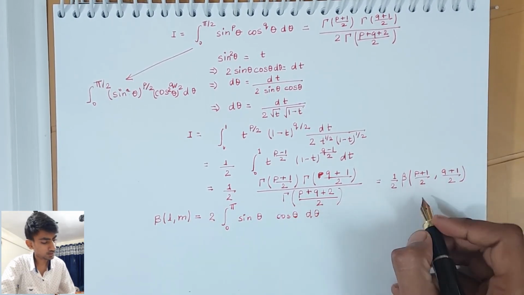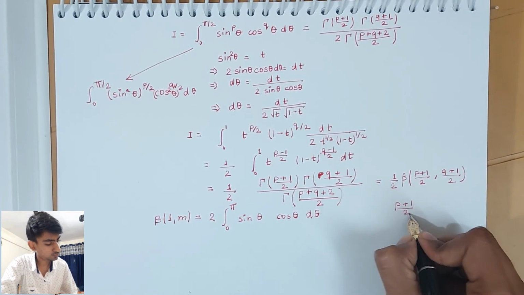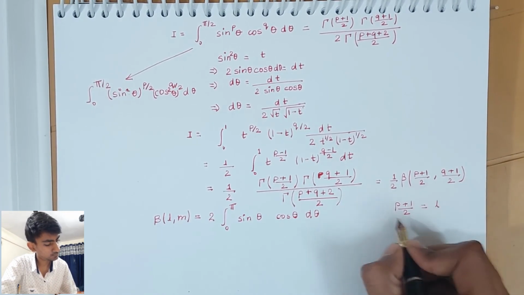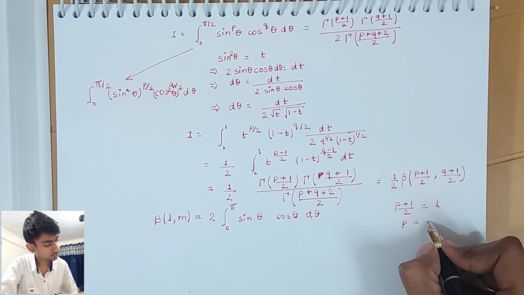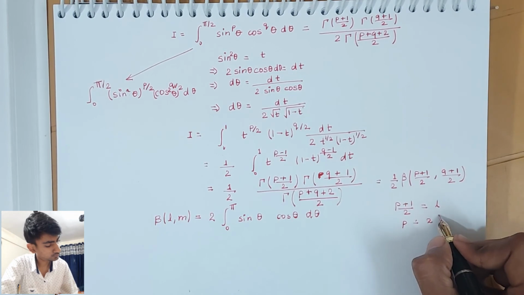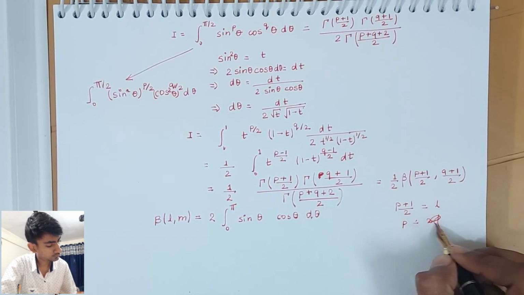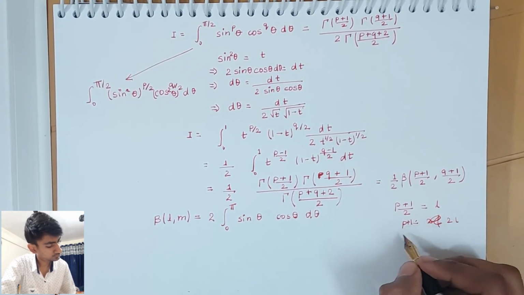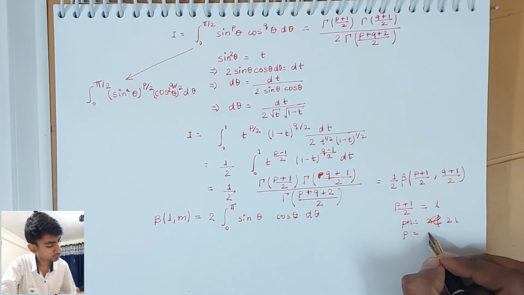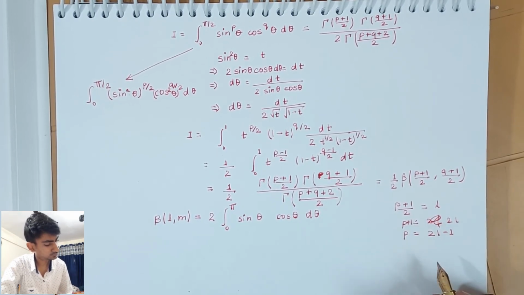If I put l in place of p plus 1 by 2, if it is equal to l, then p plus 1 would be 2l, and p would be 2l minus 1.